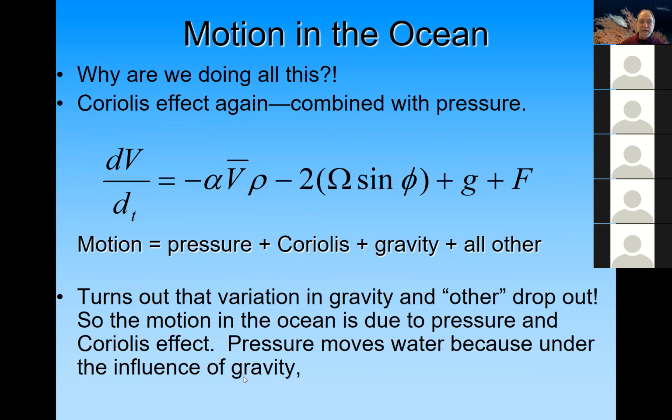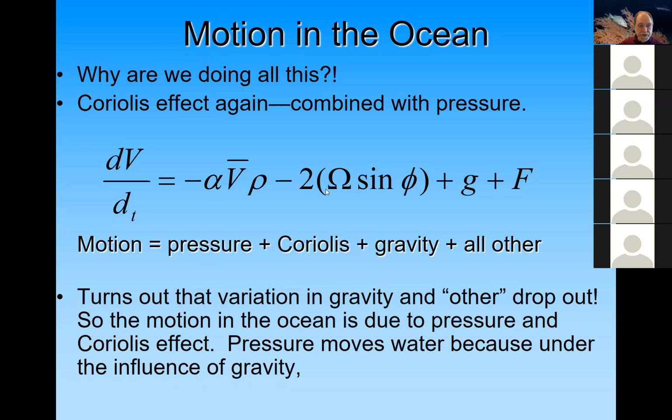So here is an equation representing the Coriolis effect. Coriolis effect is represented by omega here. And so the direction in time is equal to the effects of Coriolis, the motion, the pressure.